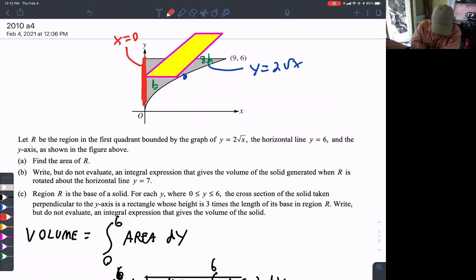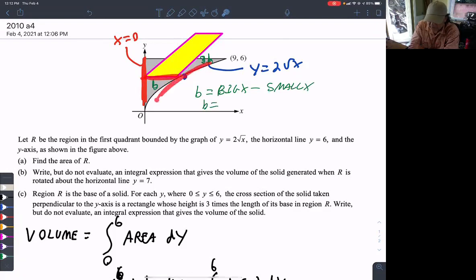All right, so what is b? I'm going to take big X minus small x. But what's big X? Big X is the right side of this. It's this line, which is here. But I have y. I need to solve for x. I'm going to divide both sides by 2. Then I'm going to square both sides. Uh-oh, I can't write up there.